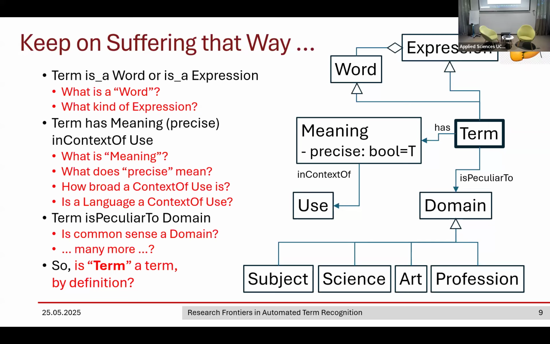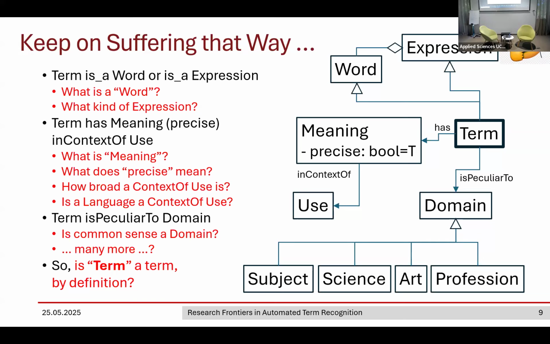And here I do wonder what is meaning. What does precise mean? Is it just Boolean? Or it's fuzzy? Or it could be measured in a different way? How broad the context of use is?